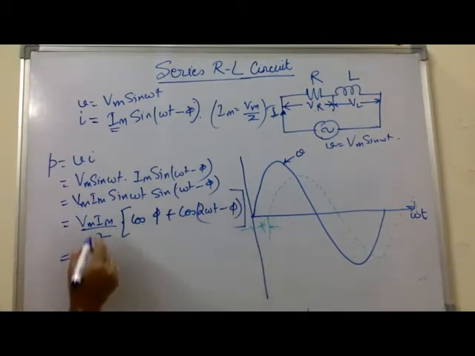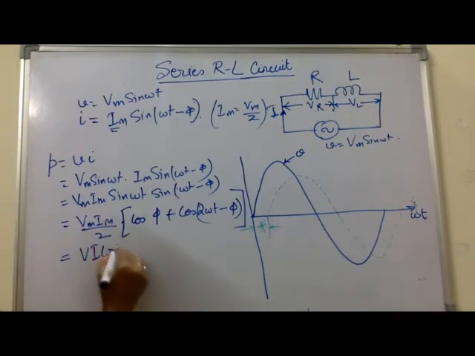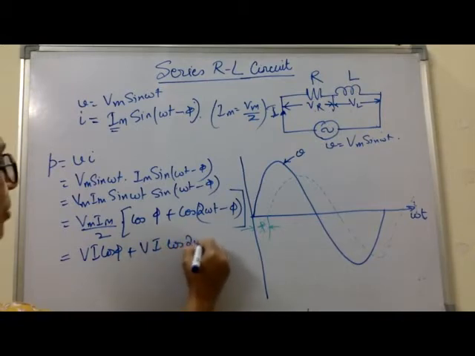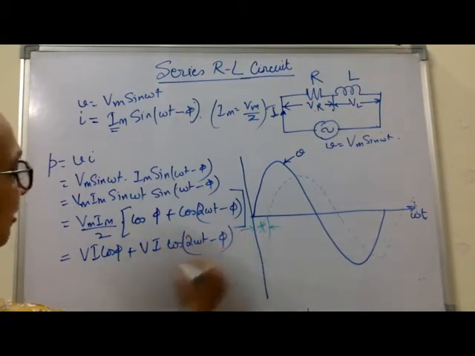This can be written as Vm by root 2, Im by root 2, that is VI cos phi plus VI cos 2 omega t minus phi.